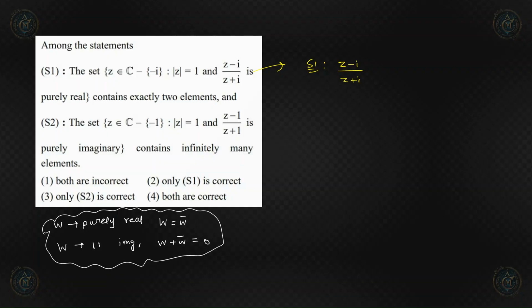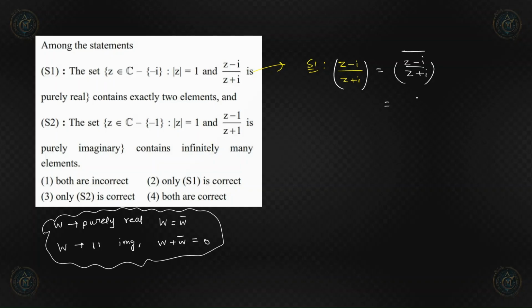Okay, so let us do this here also. (z minus iota)/(z plus iota) is purely real. That means we can say this is equal to the conjugate of itself. Okay, so if we take the conjugate here, this conjugate we can again distribute over multiplication as well as addition and subtraction, right?